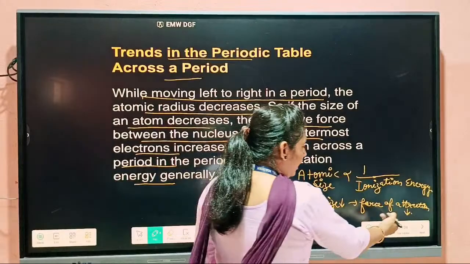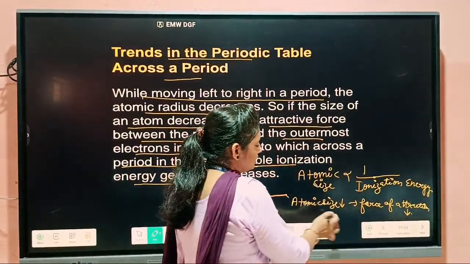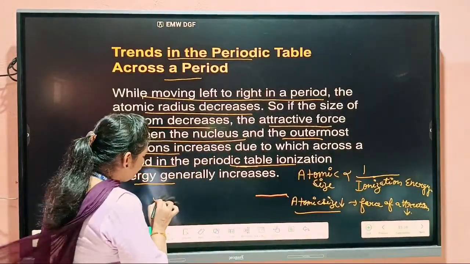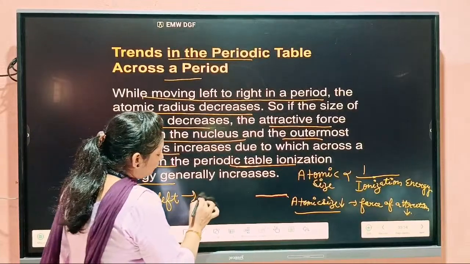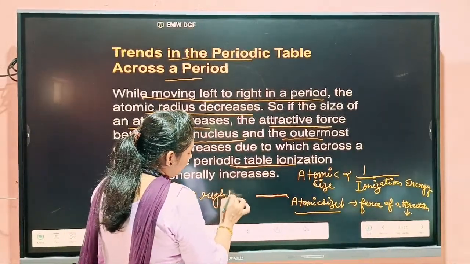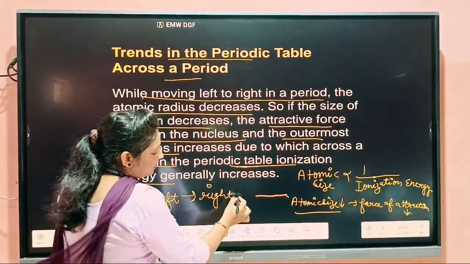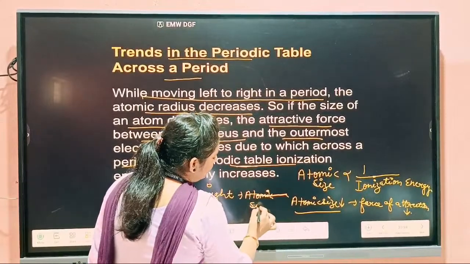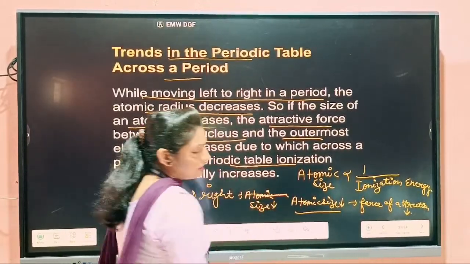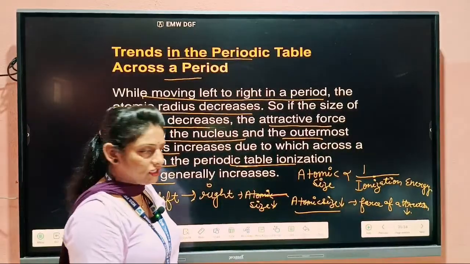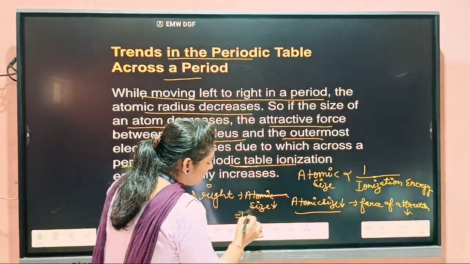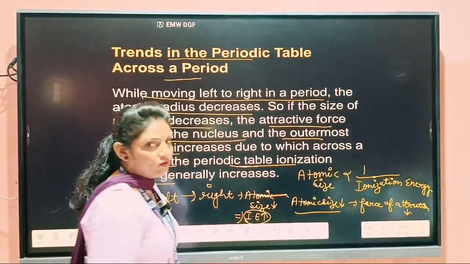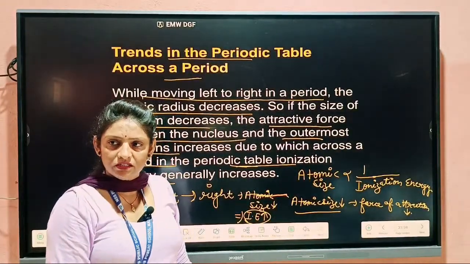So you know very well, if we move from left to right in a period, atomic size decreases. Why does it decrease? Due to the increase in nuclear charge. If it decreases, then ionization enthalpy generally will increase when we move from left to right in a period. It is clear?